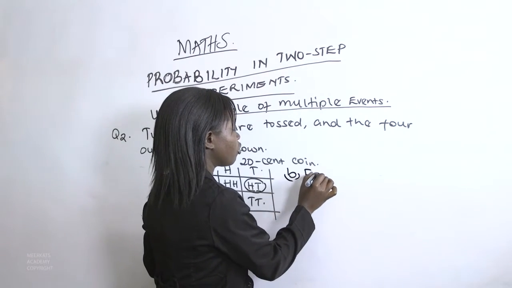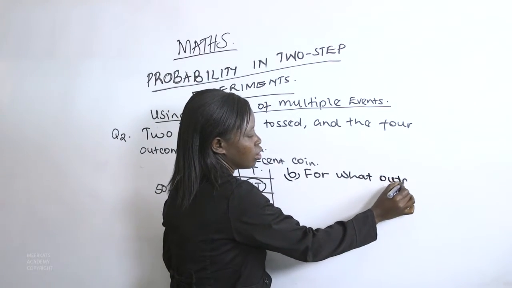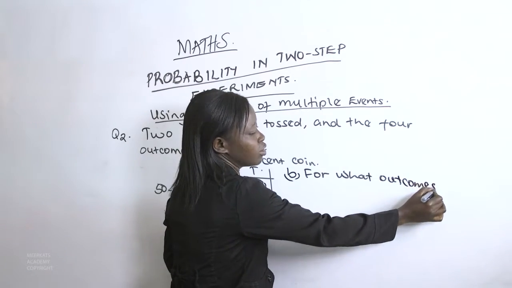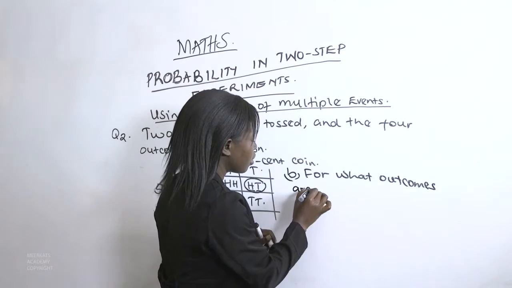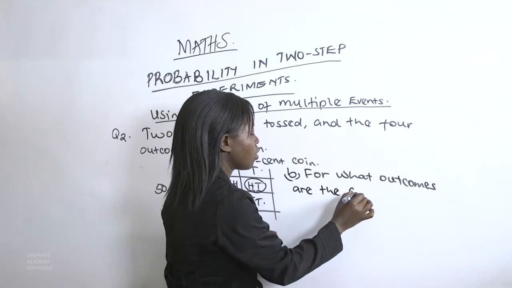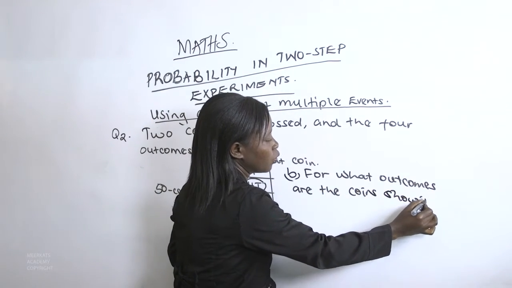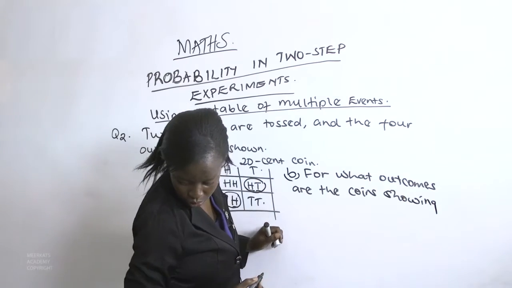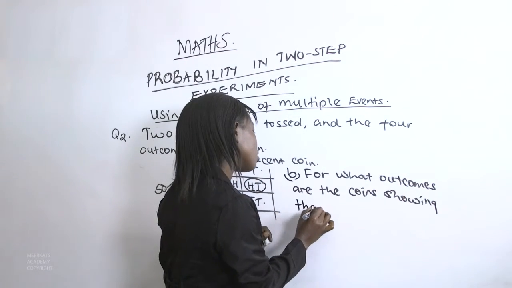B, we are asked for what outcomes are the coins showing the same face?